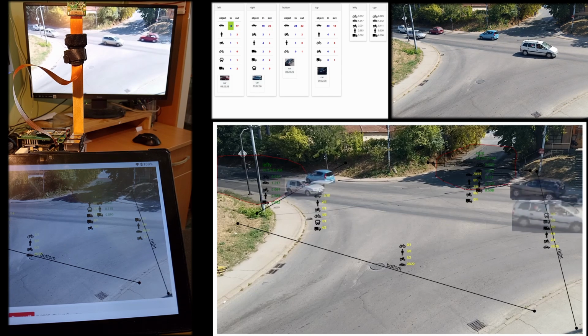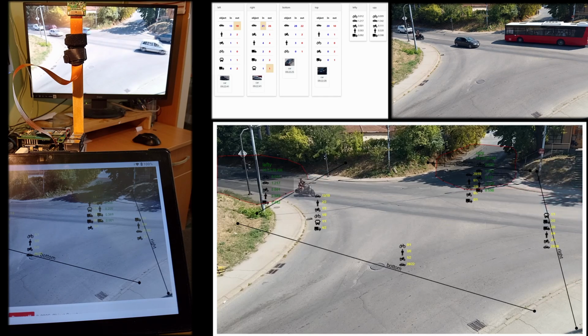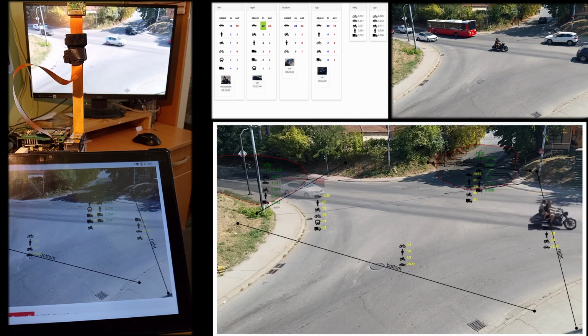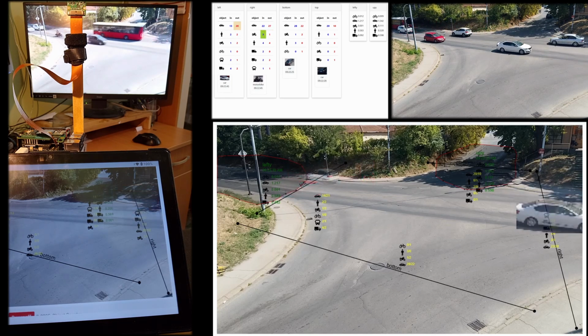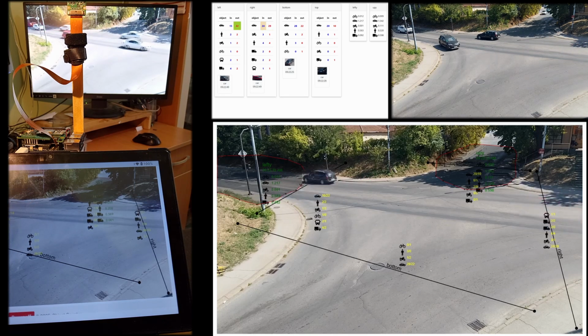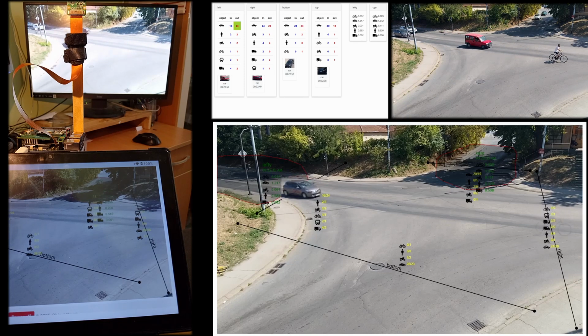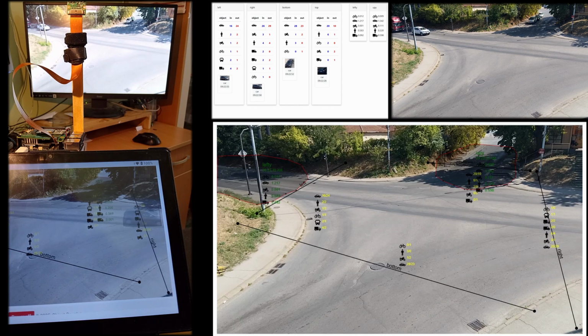I noticed some problems with bikes, because the bike and motorcycle are special cases. The detection algorithm gets confused because it recognizes also the person and the bike, and it is like having doubts what it can be, so it's never sure.